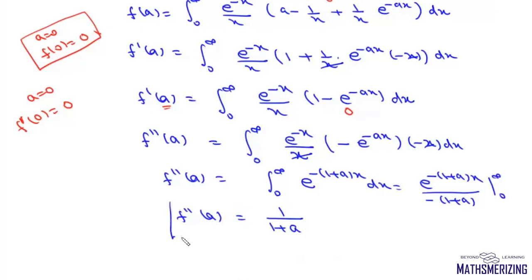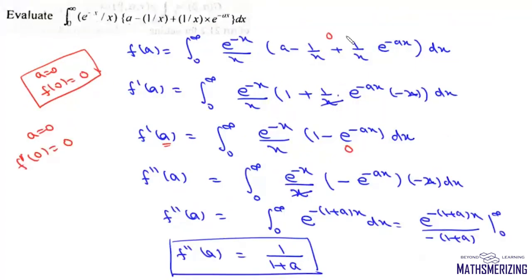Now before solving this differential equation, we'll find some initial values. If we put a as 0, we'll write f(0), and here will be minus 1 by x, and e to the power 0 is 1, plus 1 by x, so it will cancel. So value of this integral will be 0. So when a is 0, value of this function is 0. Now we'll also put a equals 0 in f'(a).